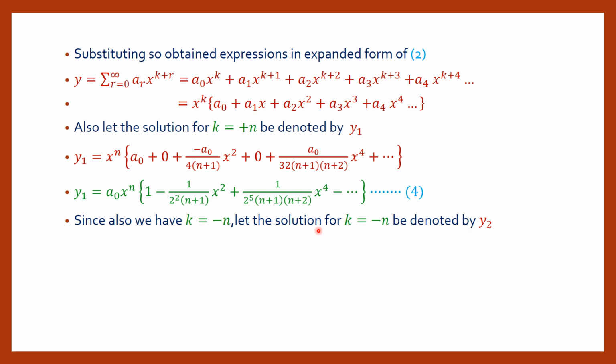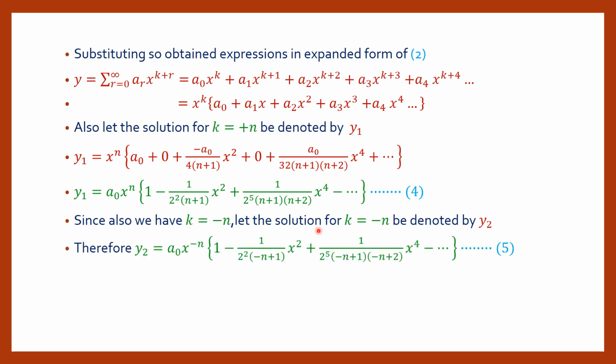So we get y2 equal to a0 x power minus n, 1 minus 1 by 2 square into minus n plus 1, because k is replaced by minus n, where we see n we replace it by minus n, x square plus 1 by 2 power 5 into minus n plus 1 into minus n plus 2, x power 4 minus etc. This we consider as equation number 5.